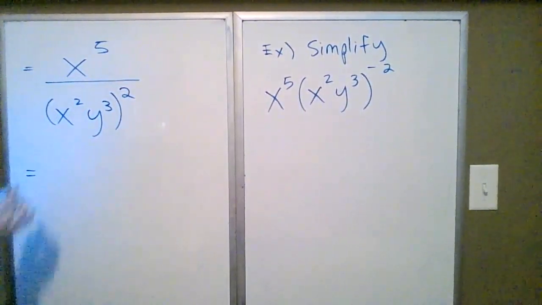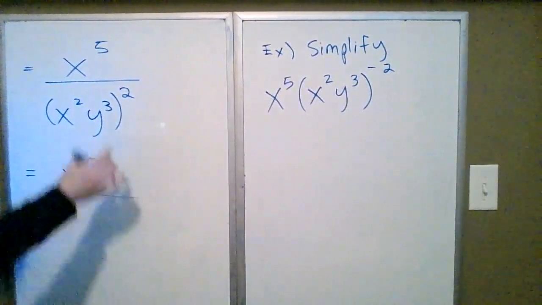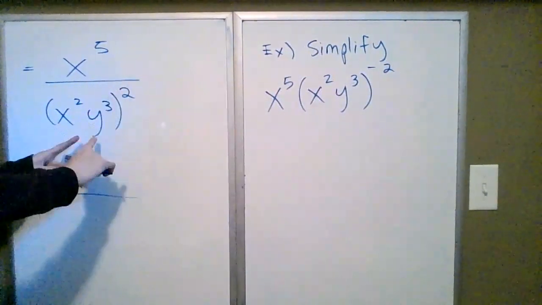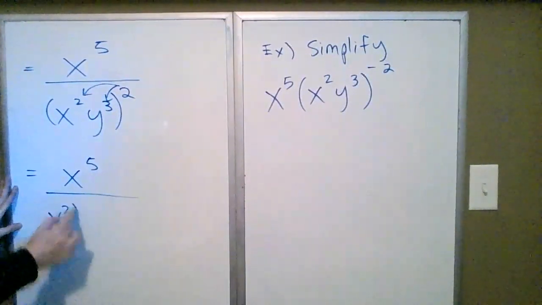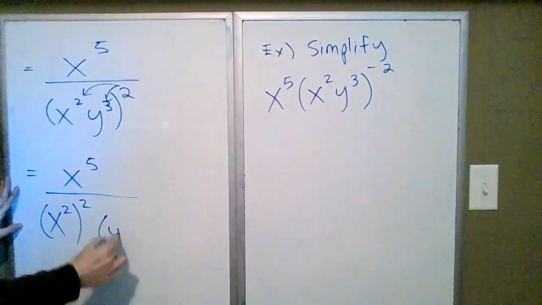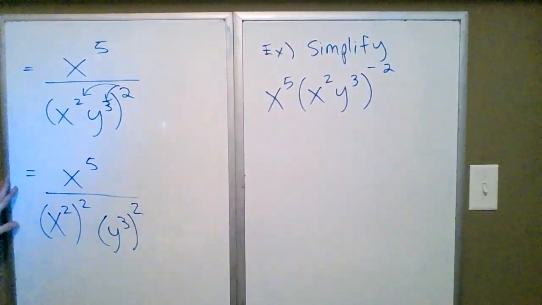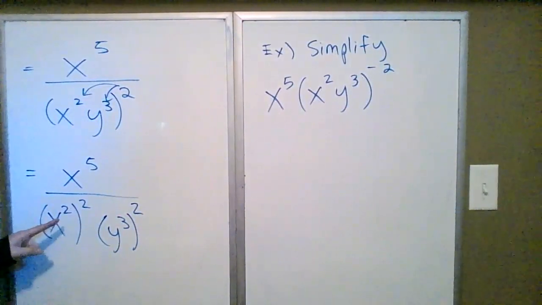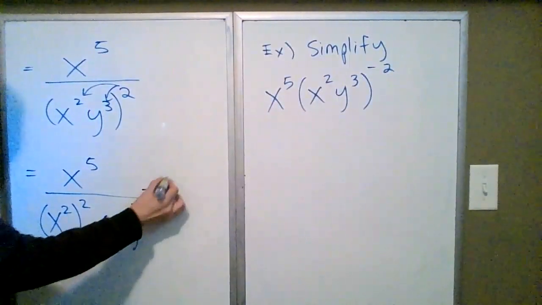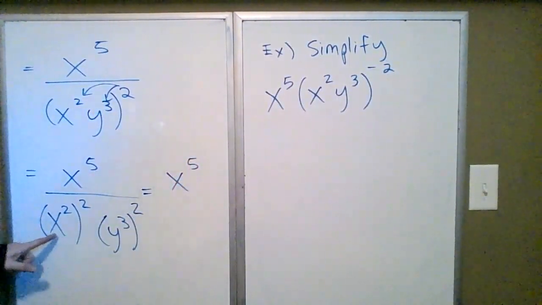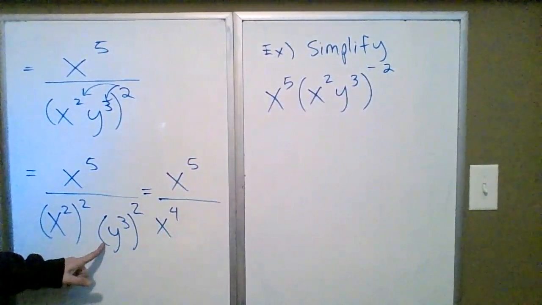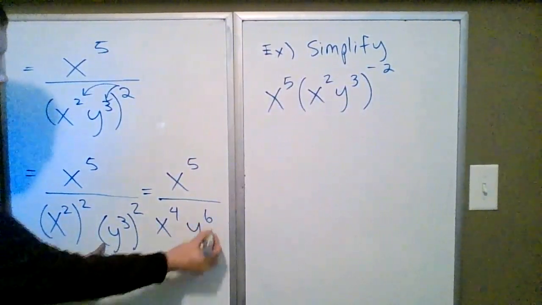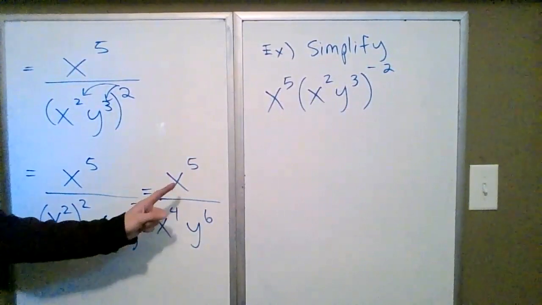So this is still x to the 5th. And we're going to square x squared and we're going to square y cubed. So distribute that power. And when it's a power to a power, you multiply. So it's x to the 5th over x to the 4th. And this is y to the 6th. And I just realized that we want one value of x.